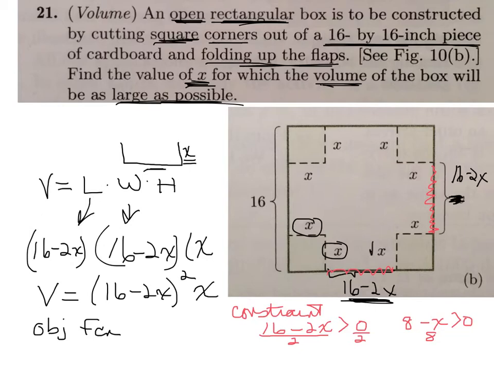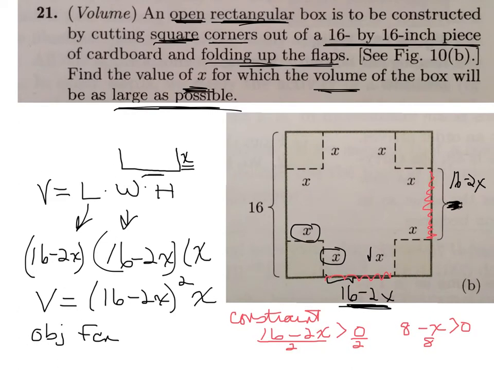So let's look at that. If my x is less than 8, so I'm just reorganizing this now. So I'm adding x to both sides. So 8 is greater than x, so therefore x is less than 8.